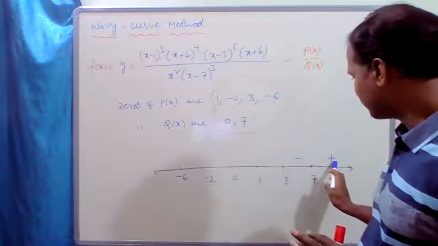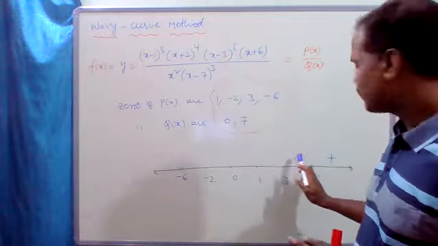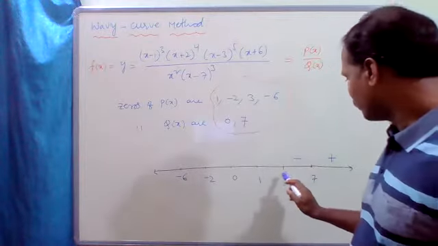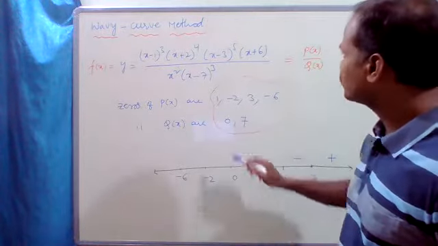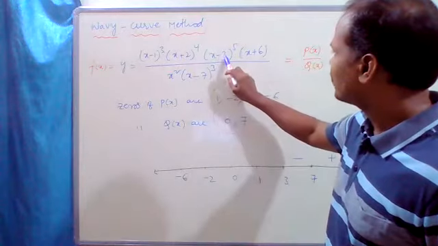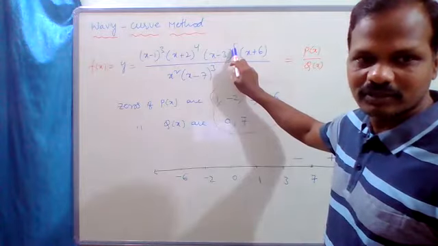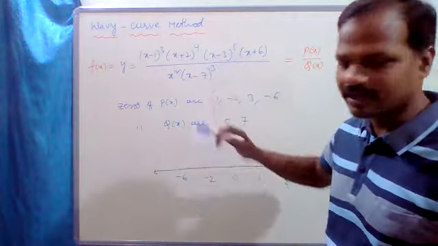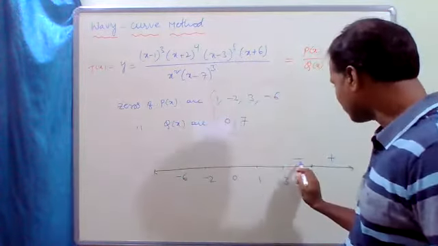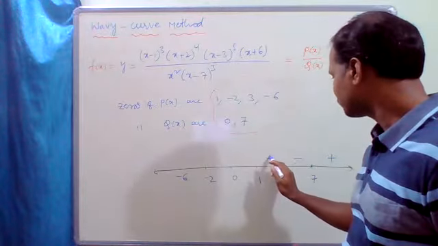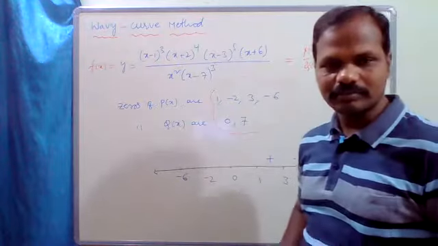Here plus is there, so minus. Suppose here minus, then here plus. Opposite. Now what about 3? Coming to 3, it is odd, that means simple root. Simple root means opposite sign. Here minus, so plus will come.